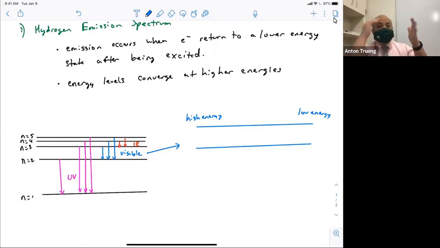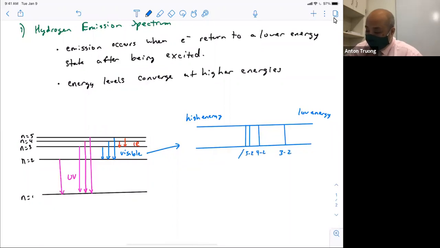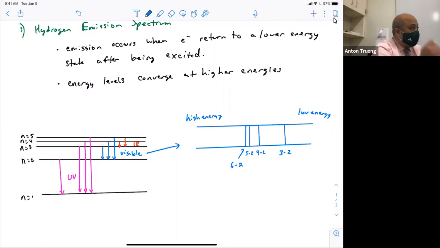If you're mapping out these lines in this spectrum, you're going to see that going from low energy to higher energy there will be an increase, but the increase will decrease as you go from low energy to high energy. So this might be 3 to 2, this might be 4 to 2, this might be 5 to 2, and then this might be 6 to 2. That spectrum provides evidence that the energy levels converge at higher energies because the amount of energy that's increasing in each emission is decreasing.